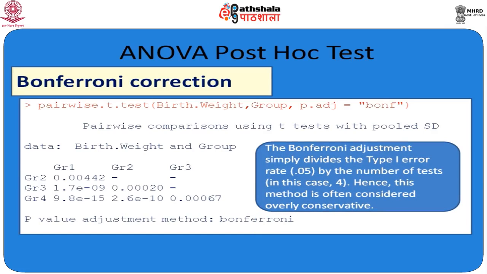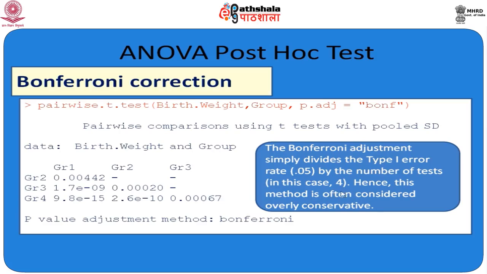As I mentioned, the Bonferroni adjustment simply divides the type 1 error rate by the number of tests that you are going to perform, in this case 4. So it would be 0.05 by 4. That would be the required type 1 error for each test. But remember, you don't need to check against that value, because this is the adjusted p-value.